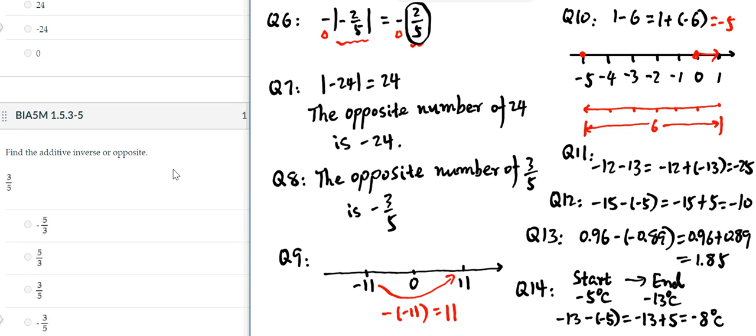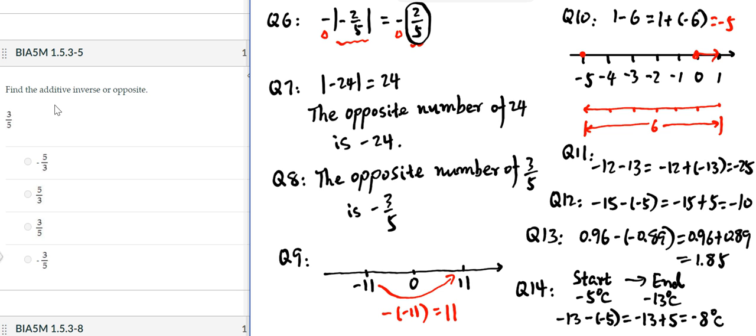All right. Now, here is to find the additive inverse or opposite. You know, 3/5, that's a positive number. And what is the opposite? Of course, the opposite number will be negative 3/5.